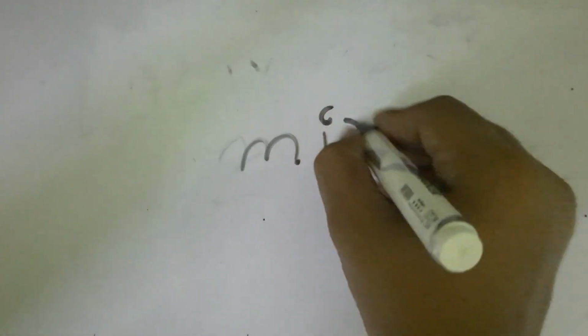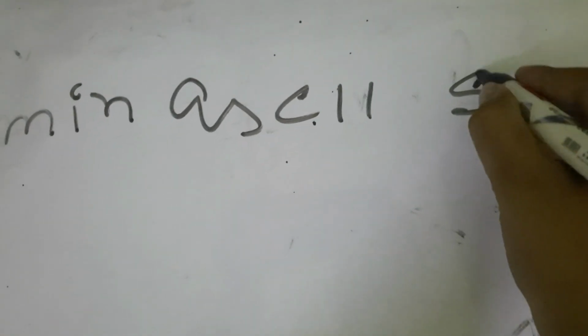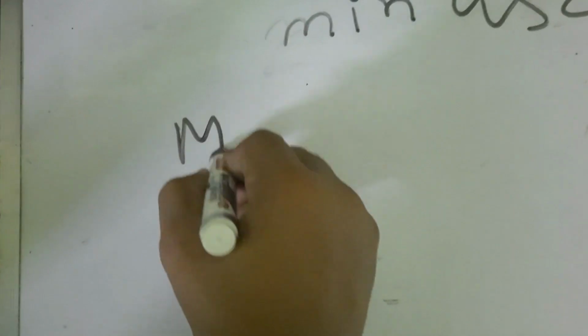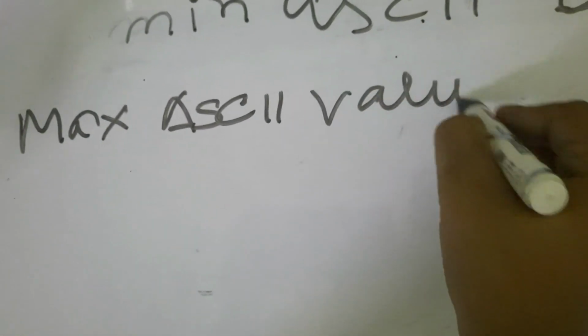So we eventually need to find the minimum ASCII characters that we can delete, and it is the same as saying that at the last we are going to have the maximum ASCII values. If we are having the maximum ASCII values, then we can say that we have deleted the minimum ones.